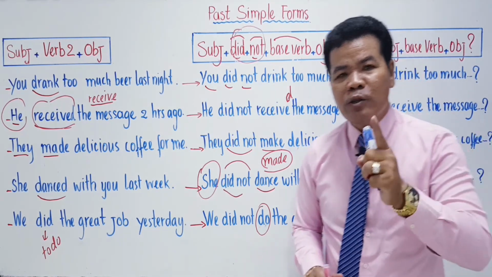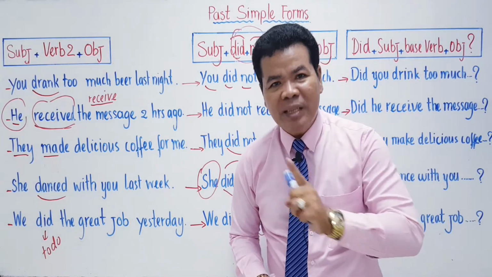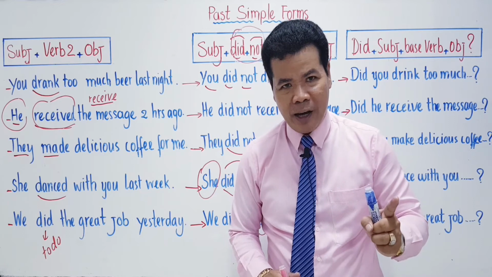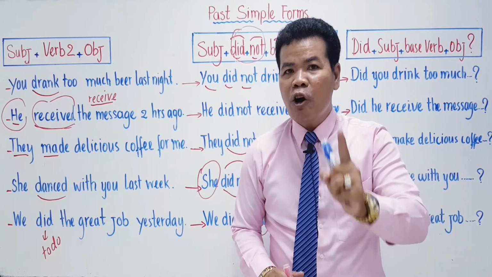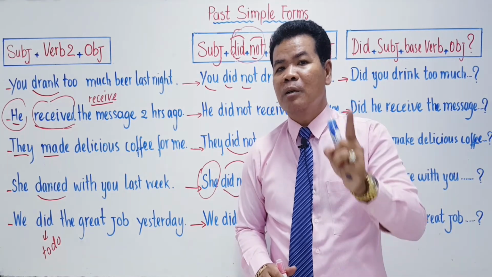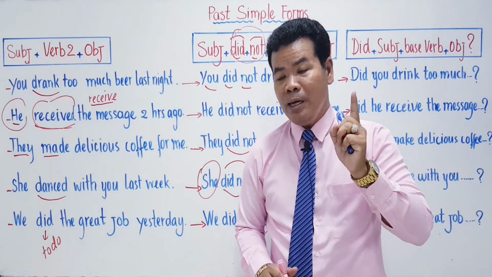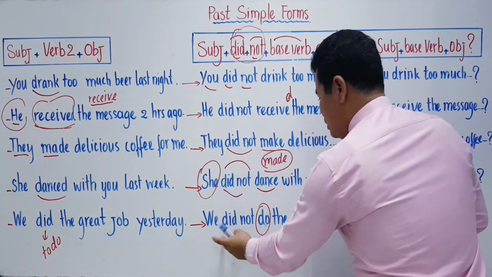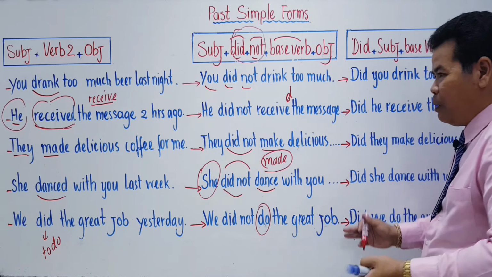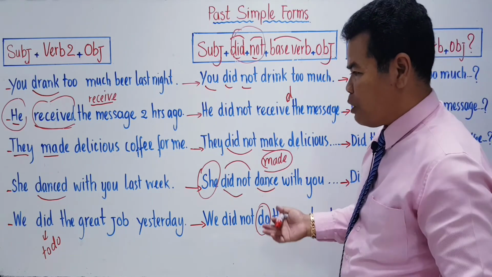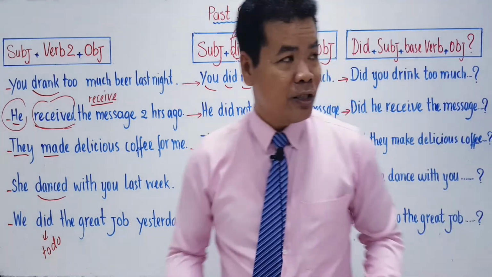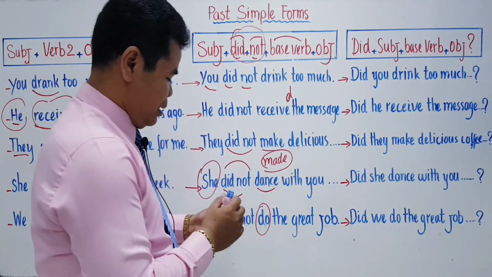So when you use negative, there is no more did as a simple verb, right? So it must go back to the base verb, do. Okay? So we say, we did not do the great job yesterday, right? So let's go to the next one.